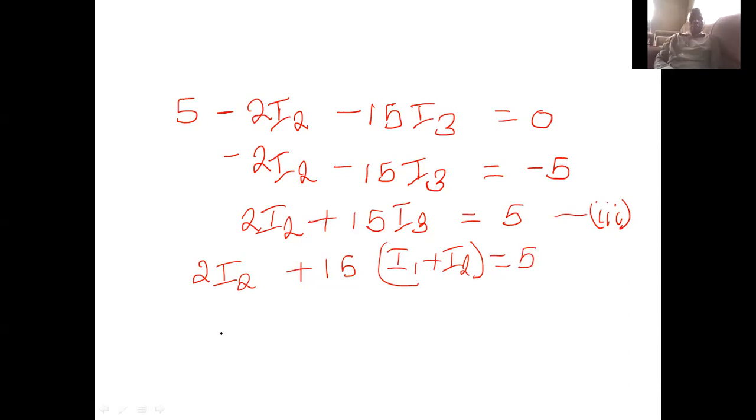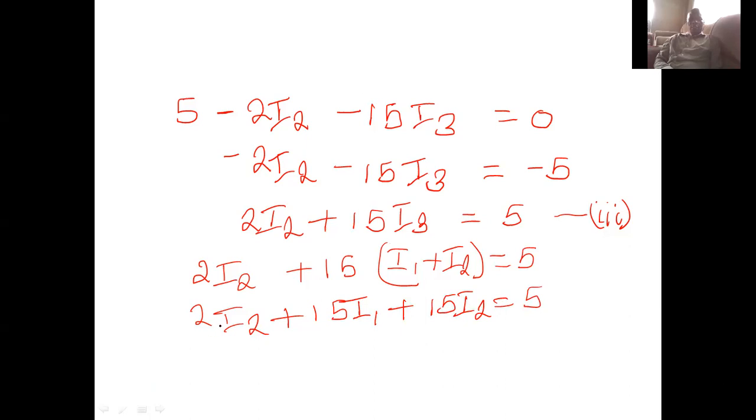So we can simplify this equation, which is 2i2 plus 15i1 plus 15i2, which is equal to 5. We can actually add the i2 terms.